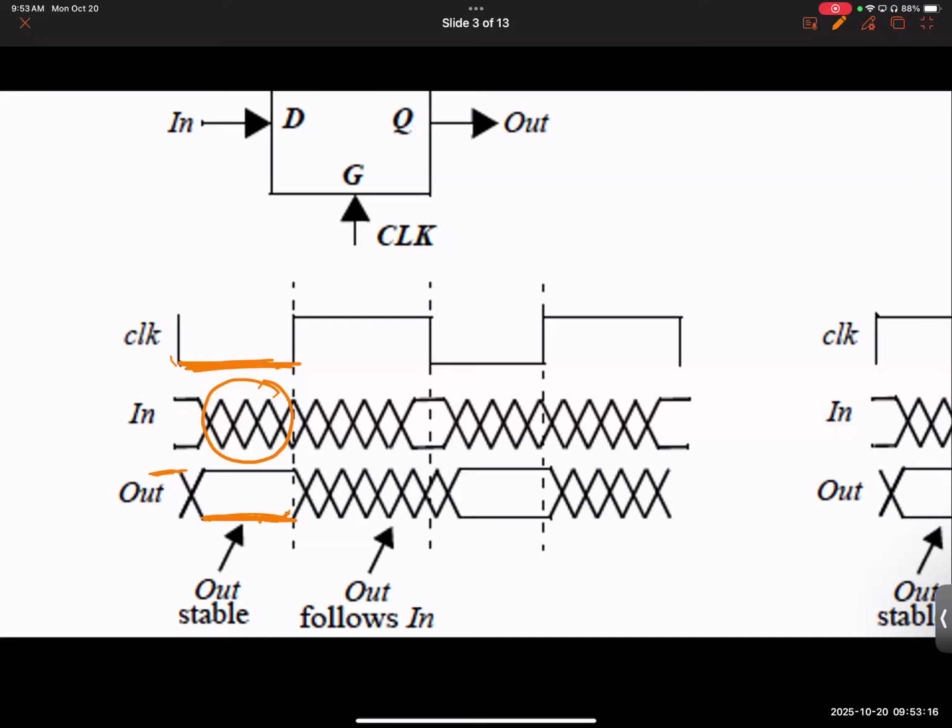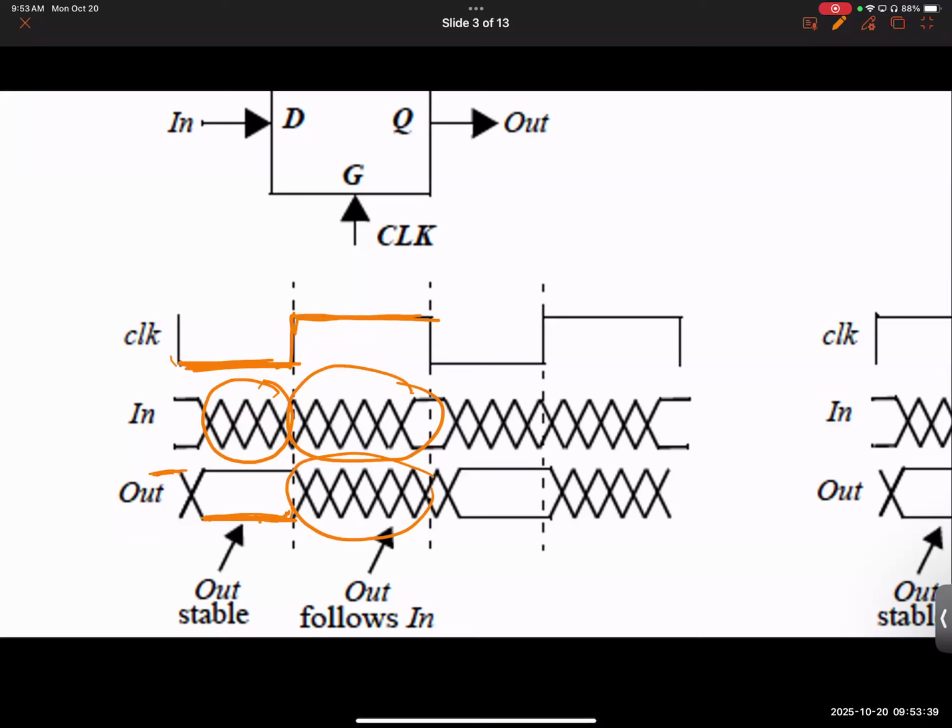And then all of a sudden, when the clock becomes 1, when the clock becomes activated, notice what happens. The output starts mirroring the input. So the input gets connected to the output. When your clock is activated, your input and output are linked now.